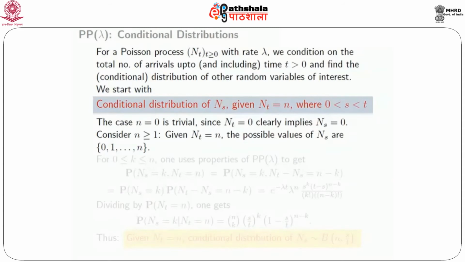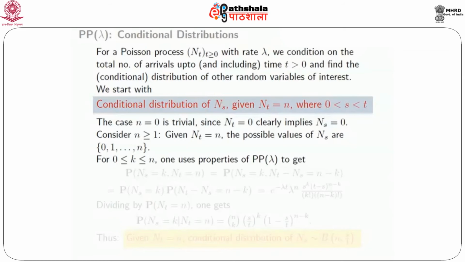So we start with the conditional distribution of N(s) given N(t) equal to n, where s lies strictly between 0 and t. In other words, given that exactly n arrivals have taken place up to and including time t, we want to find the distribution of the number of arrivals up to time s for some s less than t. When n is 0, that is trivial, because if you tell me that N(t) is 0, then clearly N(s) must be 0.